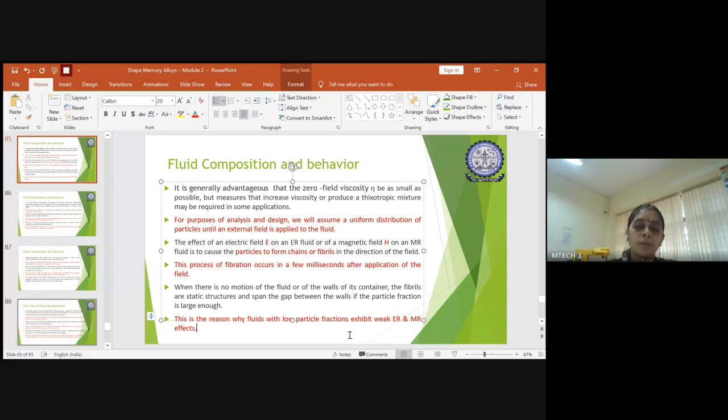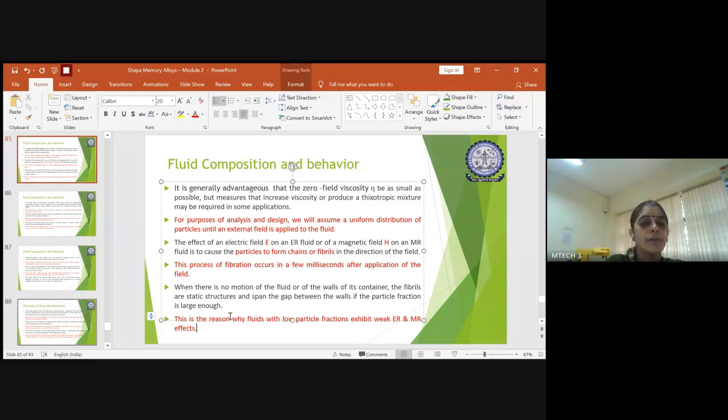So one has to be very careful in understanding the fluid composition and making the composition in the right calculation, so that the smart fluid you are using will behave in a proper way to give the required MR fluid effect or the ER fluid effect.